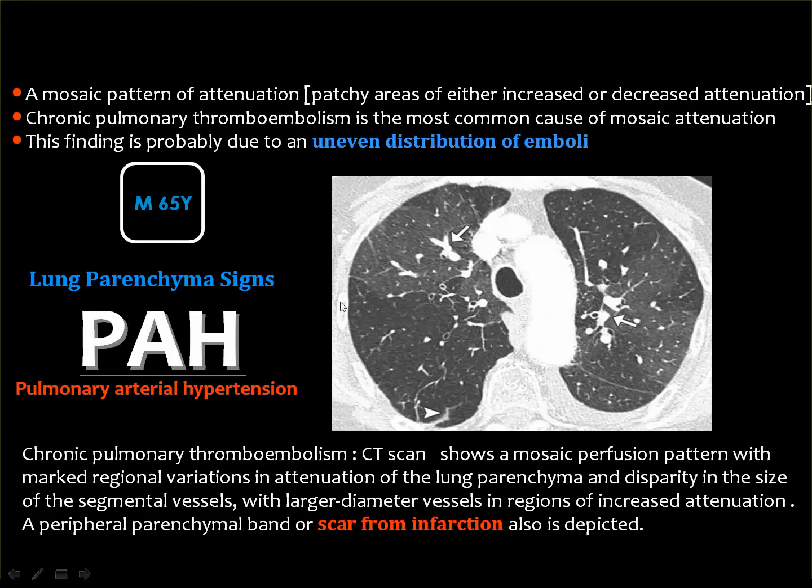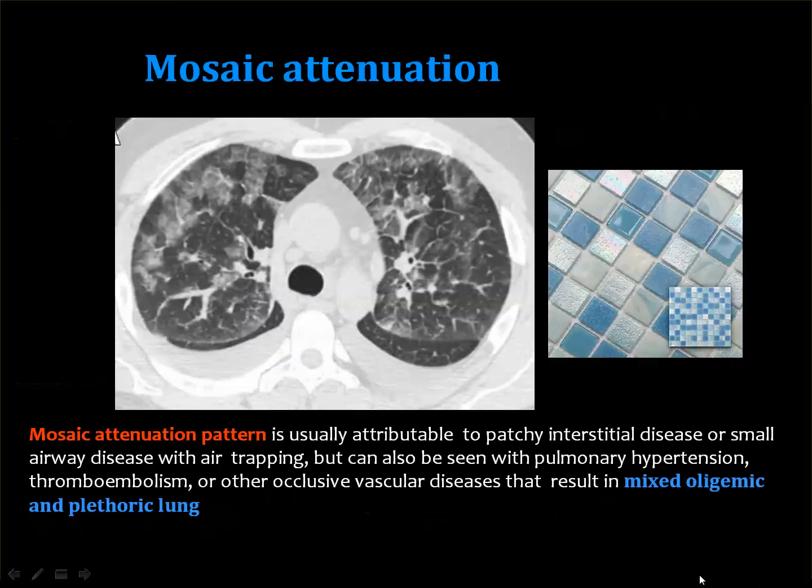Then in the lung, you get many abnormalities in patients with elevated pulmonary artery pressure, and the best of them is what is known as the mosaic appearance, where you get areas of ground glass alternating with areas of hypertranslucency, and sometimes you get atelectatic bands or scars, which represent the site of a previously developed lung infarction.